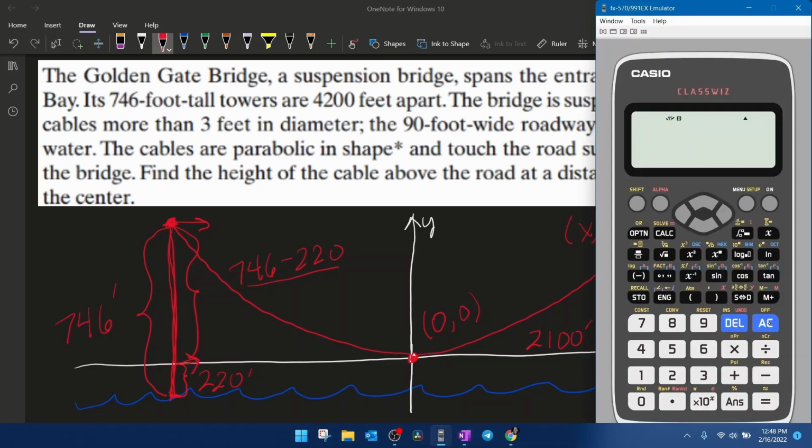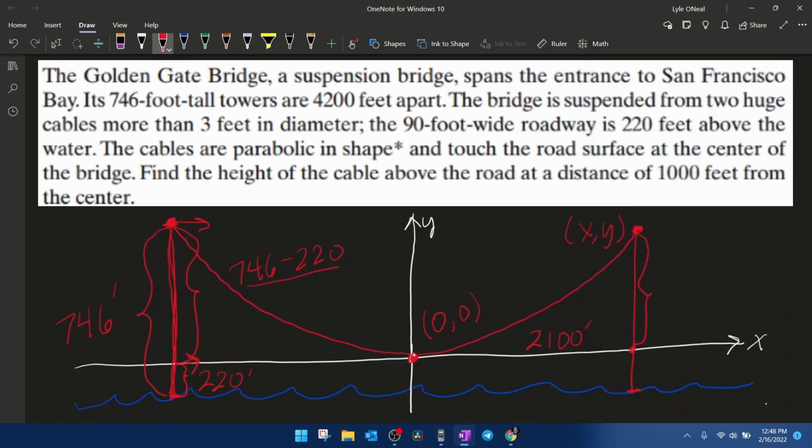We're going to use our handy dandy calculator for that. 746 minus 220 gives us a height of 526. So this height here is 526 feet. And so now I know that this ordered pair is going to be represented by the distance to the tower from the origin, which is 2,100 feet, and then the distance from the road up to the top of the tower, which is 526 feet.